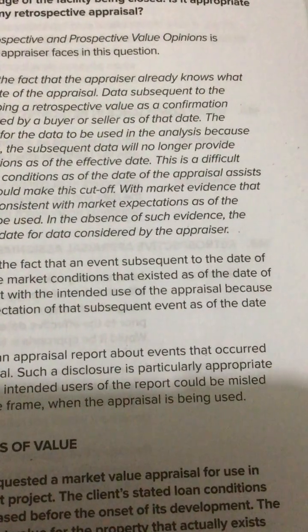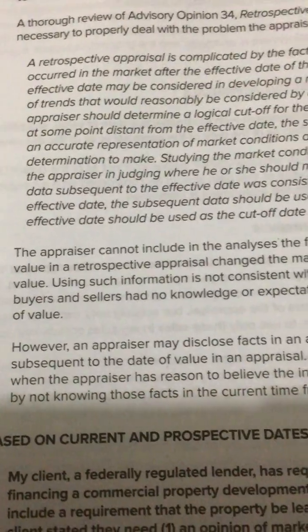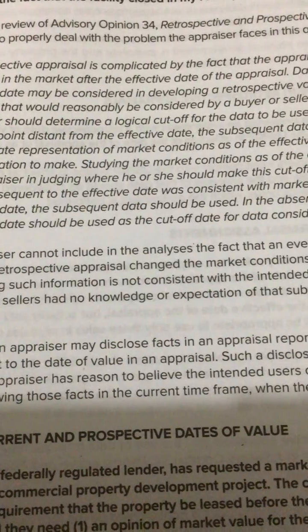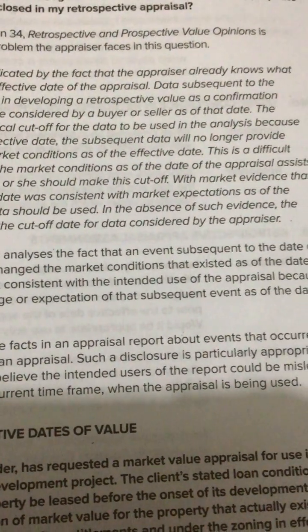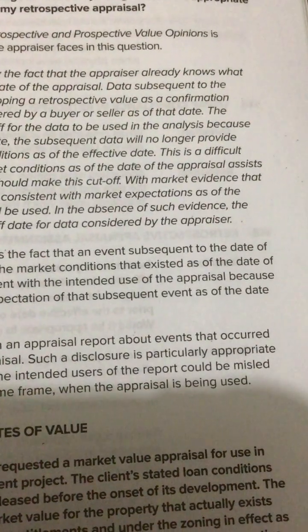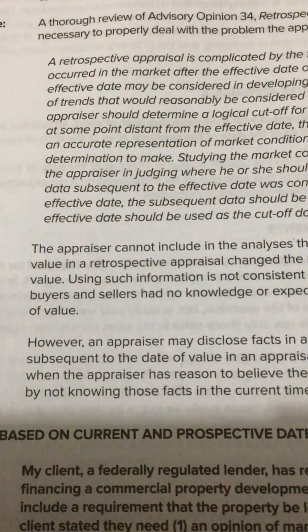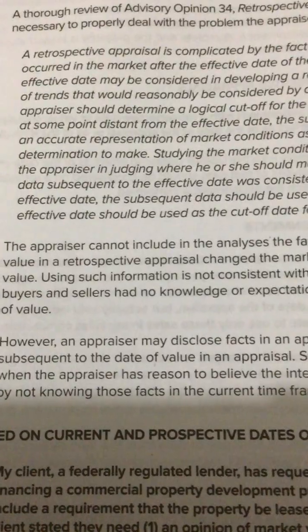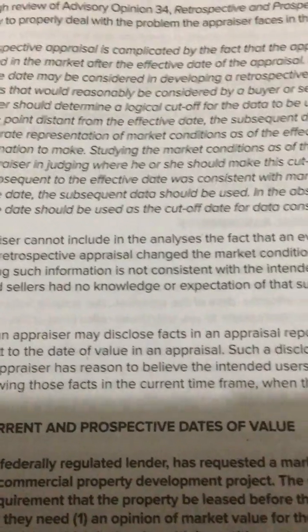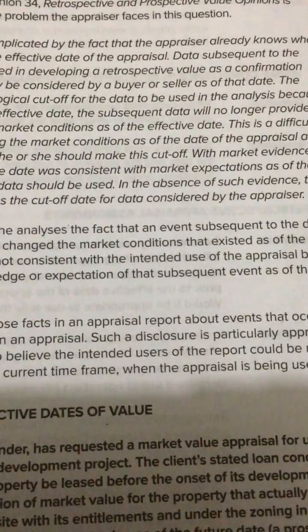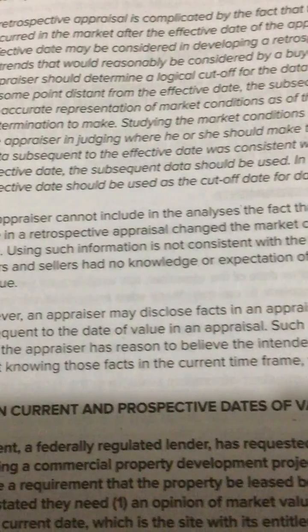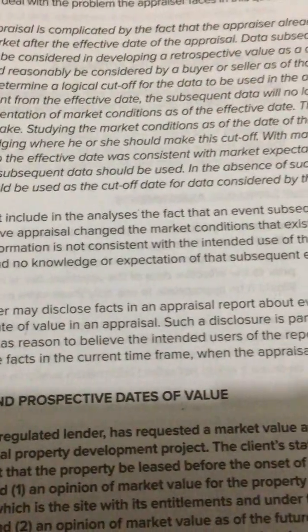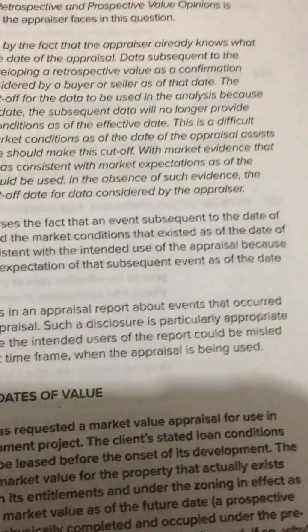With market evidence that data subsequent to the effective date was consistent with market expectations as of the effective date, the subsequent data should be used. In the absence of such evidence, the effective date should be used as the cutoff date for data considered by the appraiser.